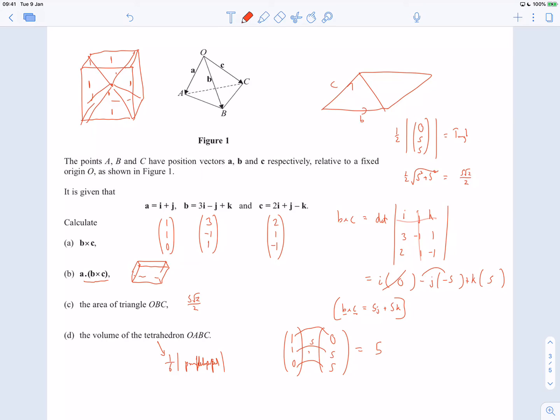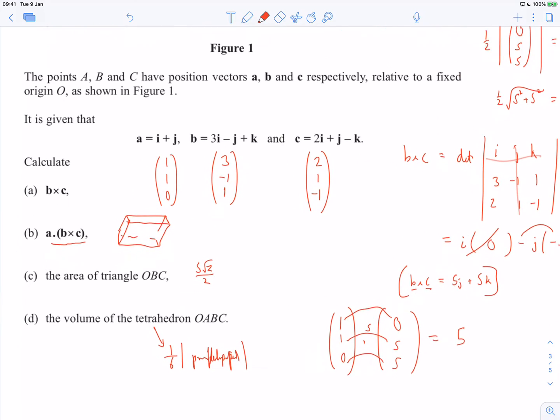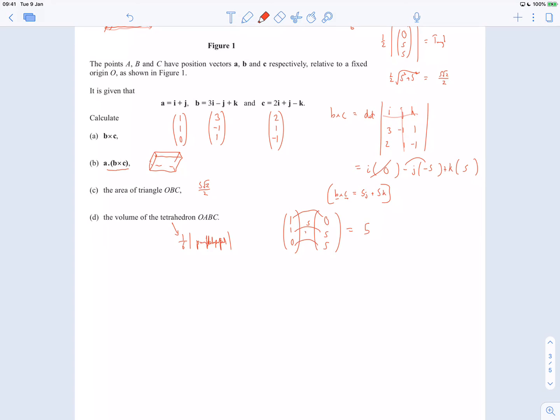So the tetrahedron would just be one of these pyramids, say the base one. There's 6 of them, so it's a 6th. So really, the volume of the tetrahedron OABC is I take the scalar triple product, which is this thing, and then divide it by 6. So the volume actually is 5/6. So it's 5/6 units cubed for the tetrahedron OABC.